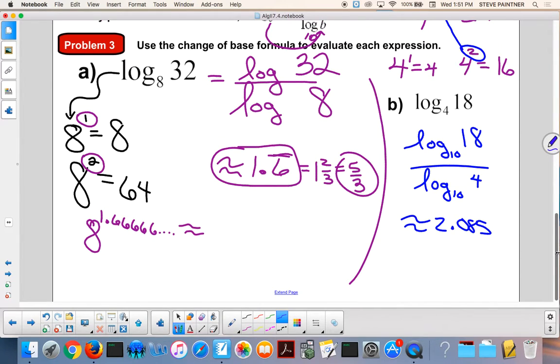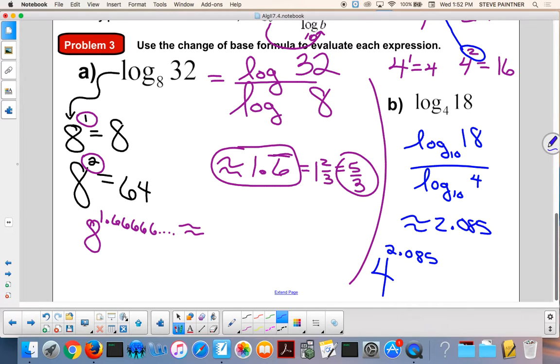How would you guys know if she's right? Check it. How do you check it? Take your base. Raise it to her answer. Are you getting 18? Yep. 18.000 something. I mean, that's practically 18, isn't it? We're doing it right.